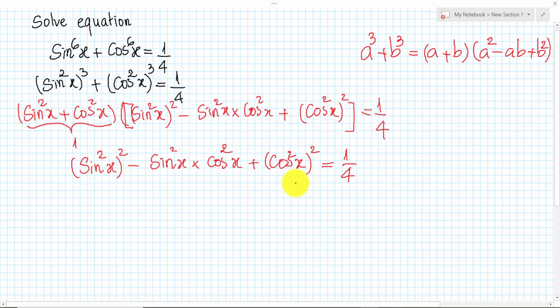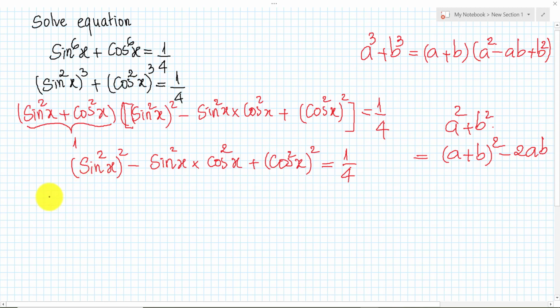This part, a^2 + b^2, I can write as (a + b)^2 - 2ab.